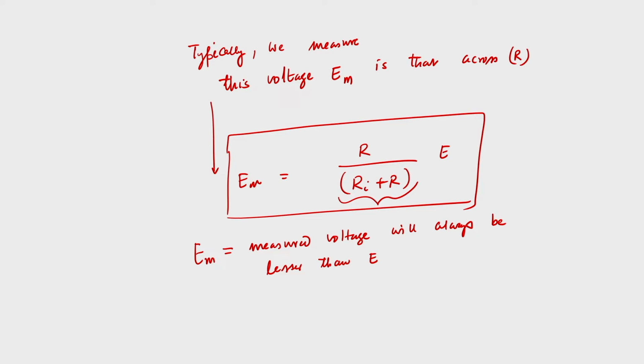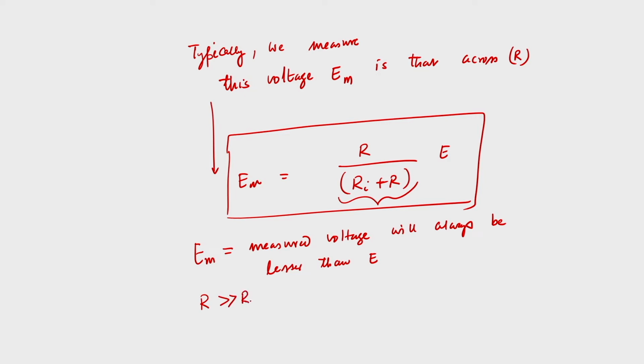However, as R becomes much larger than Ri, the internal resistance, as if we are measuring the voltage across R, the meter resistance, then EM will approach E closely; it becomes closer to E. Thus, from this discussion we can conclude that we would want the input resistance to be much larger than the internal resistance of the device.